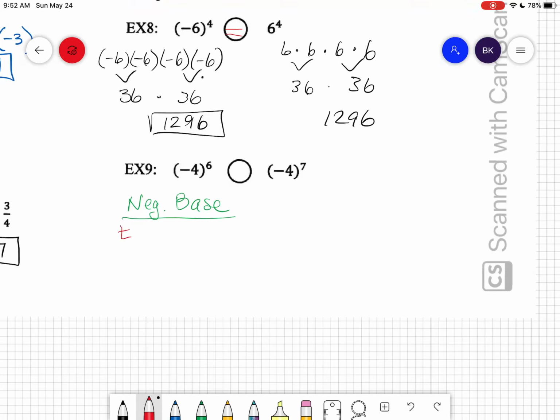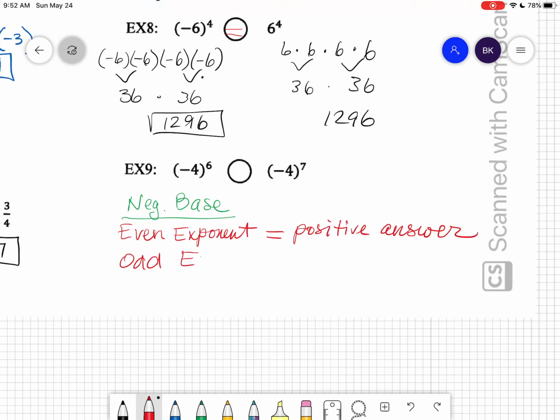Whenever our negative base has an even exponent, that should give you a positive answer. An odd exponent should equal a negative answer.